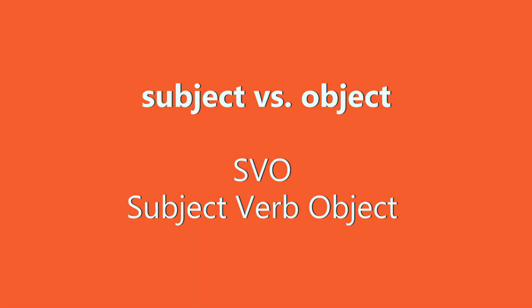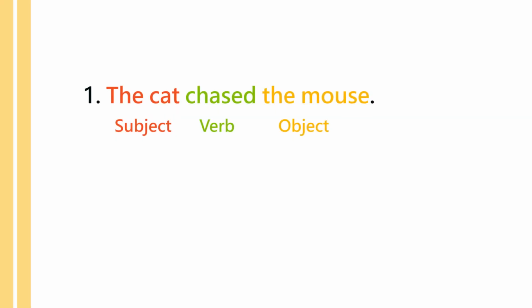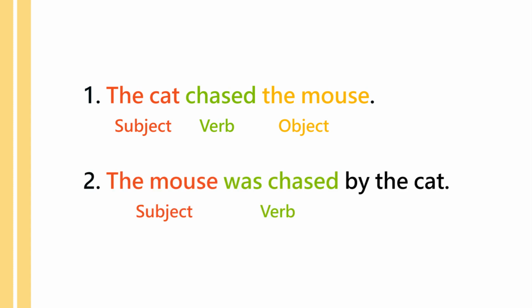So in the case of the cat chased the mouse, as you can see, it's subject, verb, object. And then in the case of the mouse was chased, again, you have subject and verb, you don't have an object. Because in the passive sentence, you do not have an object. So as you can see, the first thing that happened here, we have removed the object in the passive sentence.